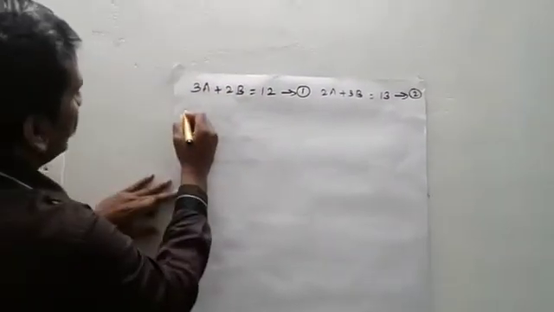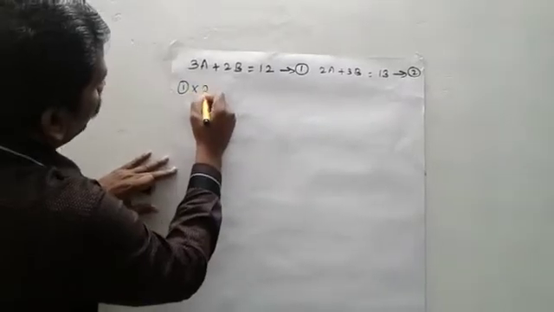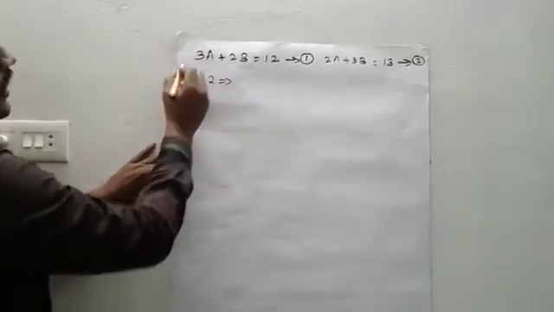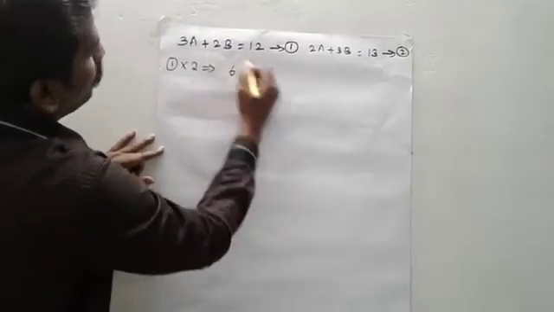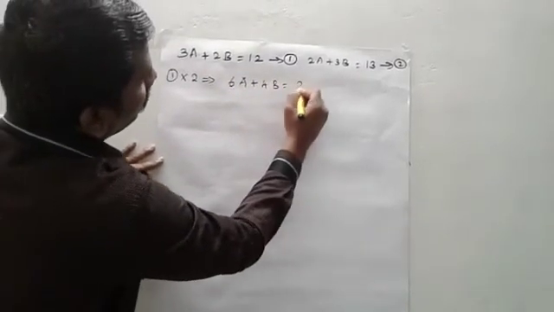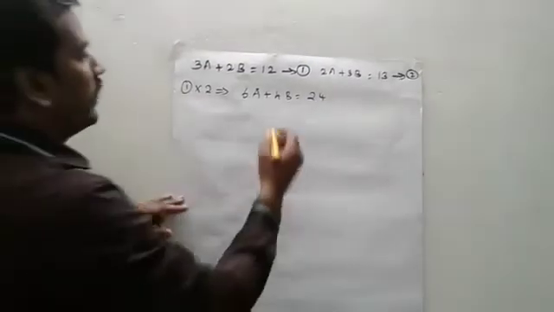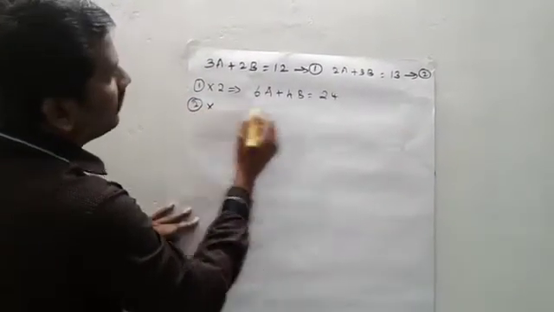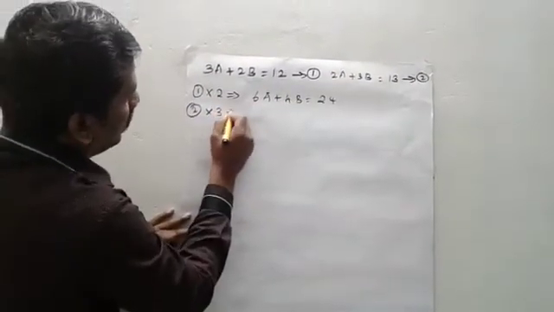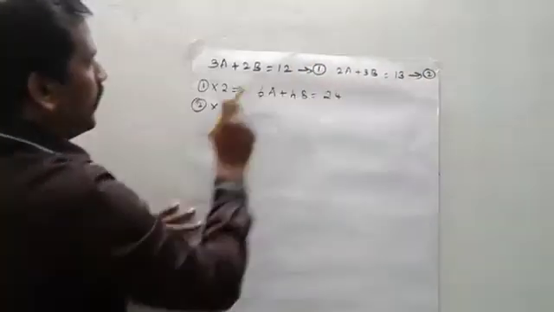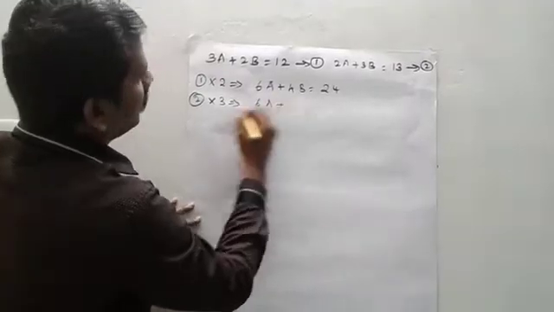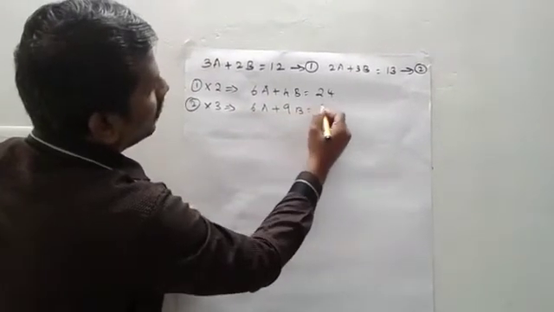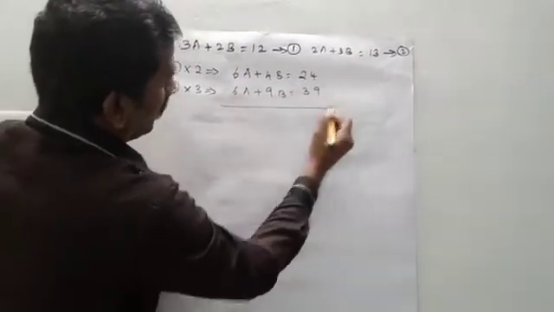So I will take the first equation and multiply by 2. The whole term multiplied by 2: 2 3's are 6A plus 2 2's are 4B is equal to 24. The next one, the second equation is multiplied by 3, the whole term multiplied by 3: 2 3's are 6A plus 3 3's are 9B is equal to 39.